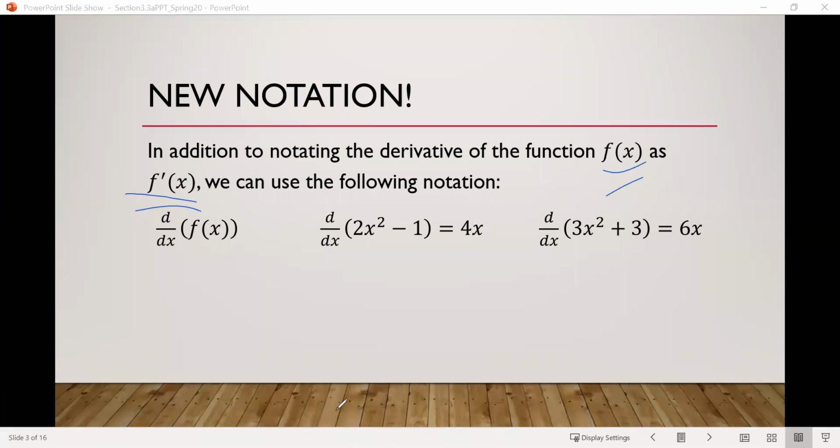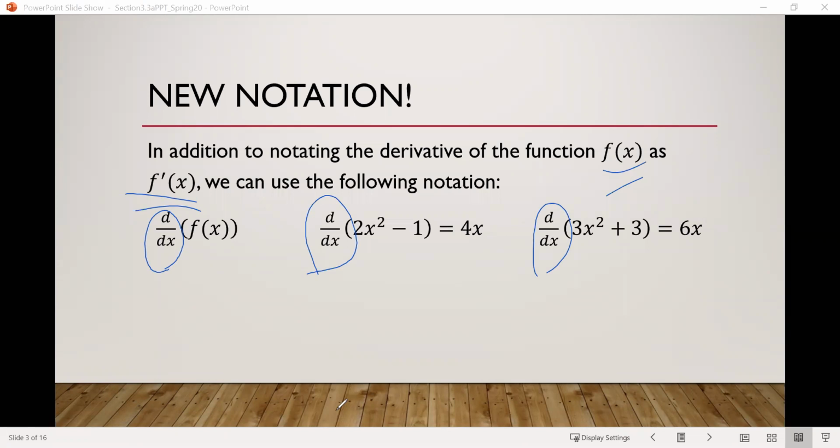Another way to indicate we're taking the derivative of something is this notation, d dx. The d on the top stands for derivative, and the dx on the bottom is like with respect to x. So in each of these, they're telling us to take the derivative with respect to x, because that's our variable.